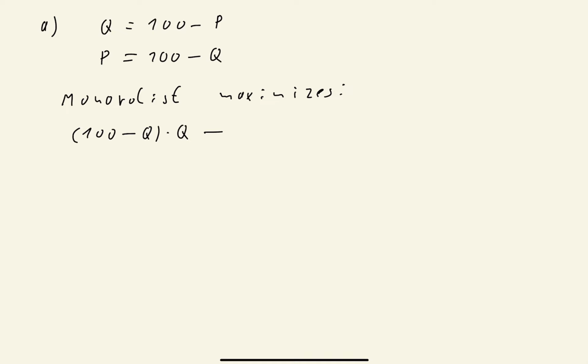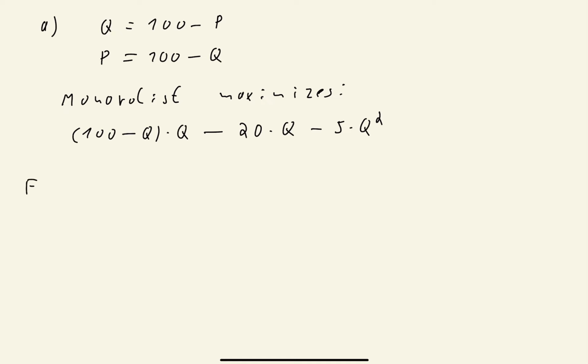We let the monopolist choose the optimal quantity, which maximizes profit, rather than the price, because we are given a cost function which depends on the quantity. So: 100 minus Q times Q, minus 20 times Q, minus 5 times Q to the power of 2.